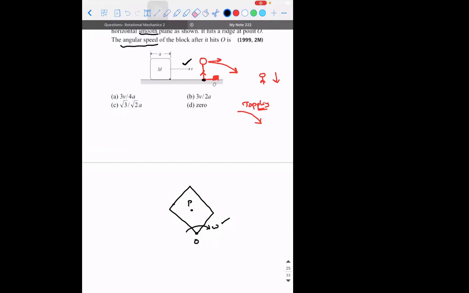Can someone tell me what is the torque acting about point O? What is the torque acting about point O, guys? The answer is very simple. It is zero. There is no torque about it.